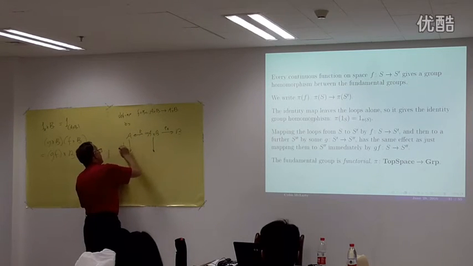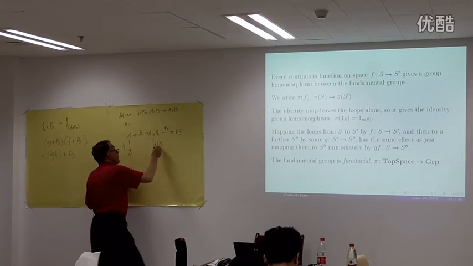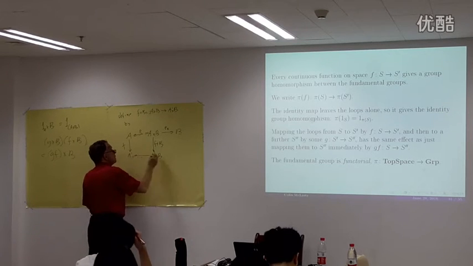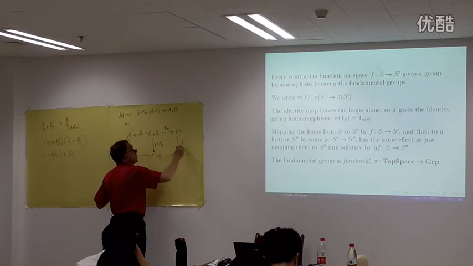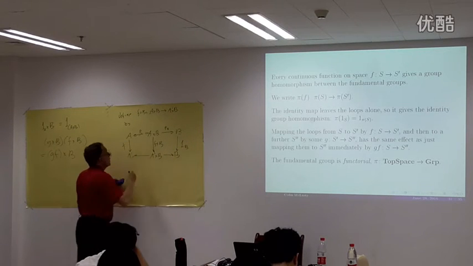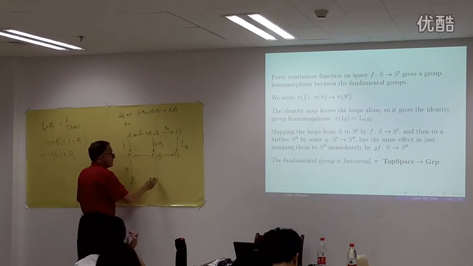For F here, to A prime, we got F cross B there, to A prime cross B. And this is the identity on B. Now for G here, we got G cross B here.